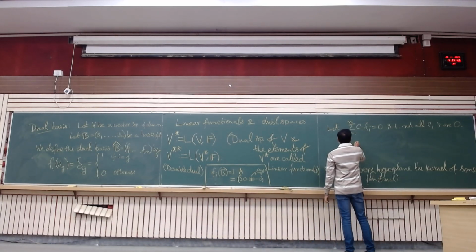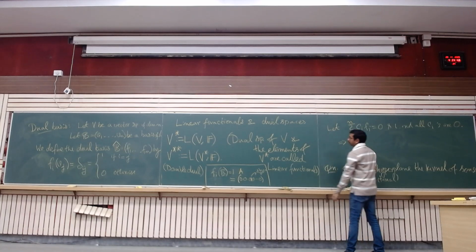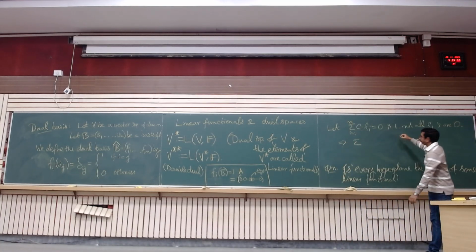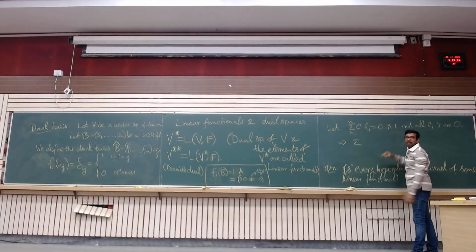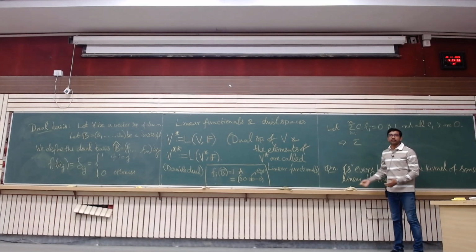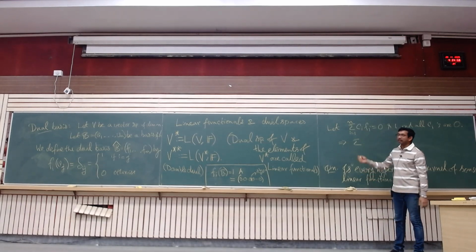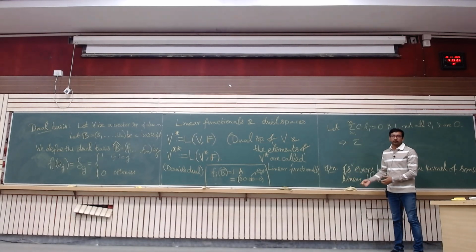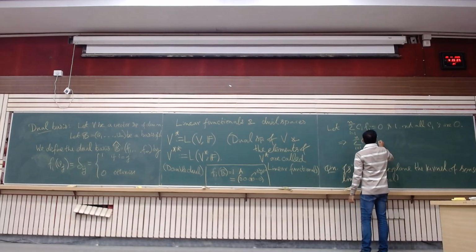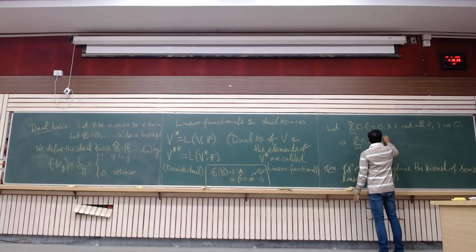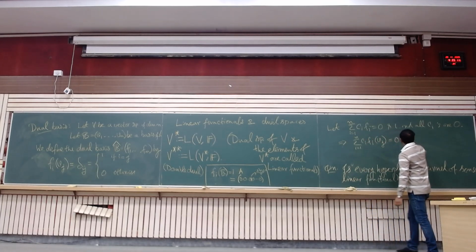So if such a linear combination is 0, what does it mean? It's an identically 0 linear functional. That means it will take the value 0 at every vector of V. Okay. So the summation over i from 1 to n of Ci Fi of Vj, say this is equal to 0 for all j.